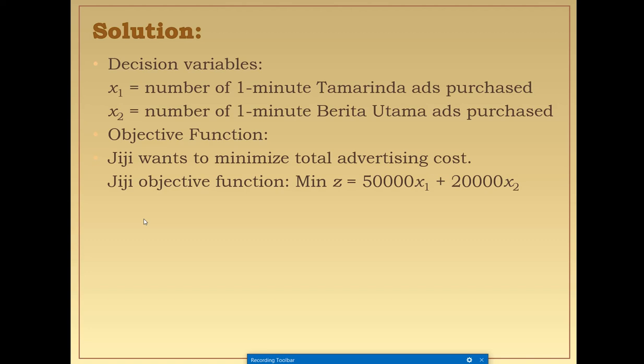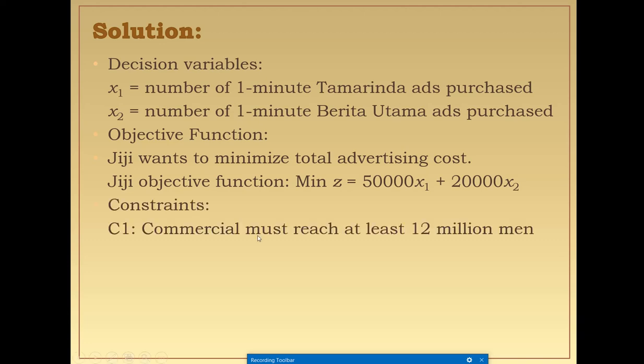Okay, left hand side dia cari apa maklumat yang berkaitan dengan men viewer. Okay, so daripada statement, the commercial must reach at least 12 million men, at least. Okay, ada keyword dekat sini, at least. Dia target sekurang-kurangnya, at least. Means more than 12 million men. Dia target must more than 12 million men watch the advertisement.